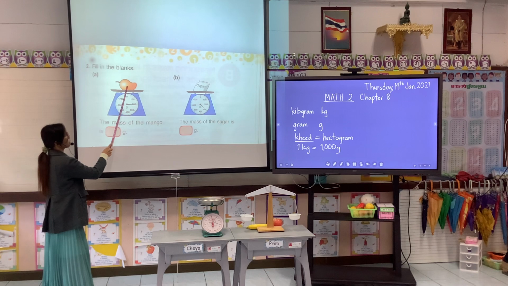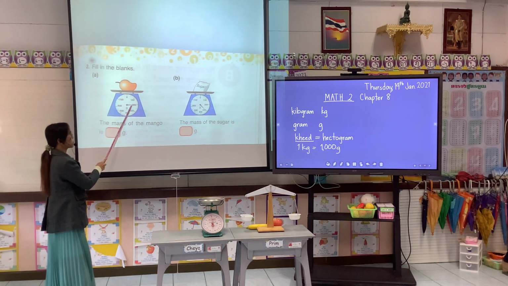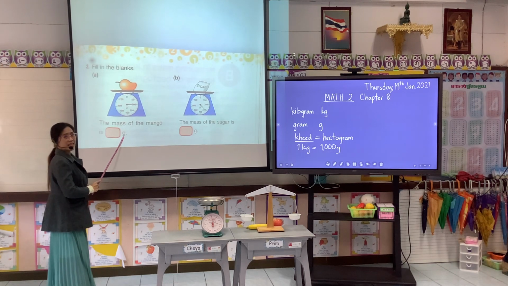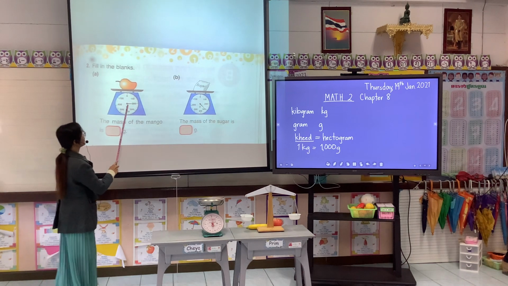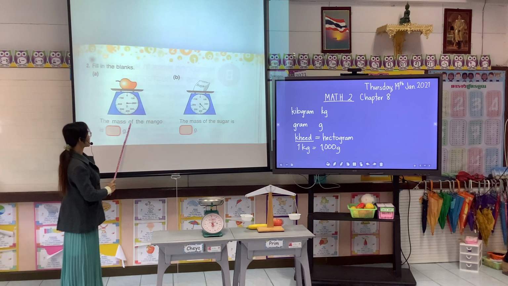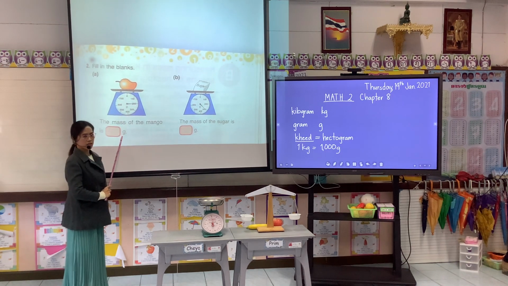Of the mango. Okay, look at the pointer of the spring scale. Our unit again here is grams because it is less than 1 kilogram. The pointer points at 200. The mass of the mango is 200 grams.